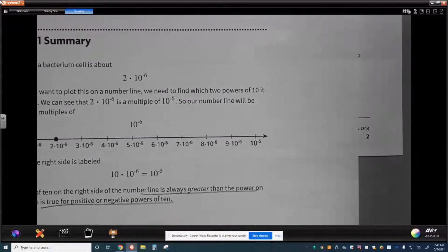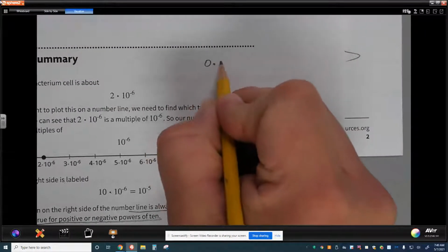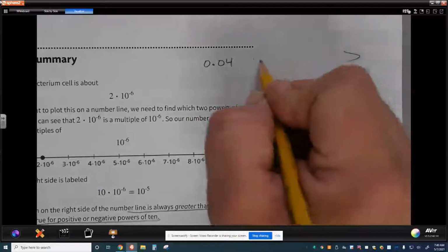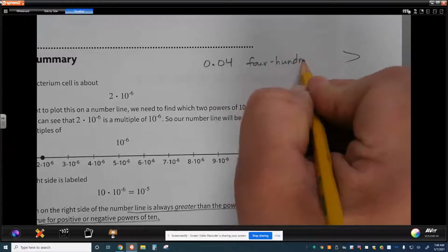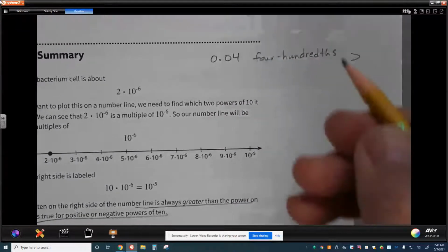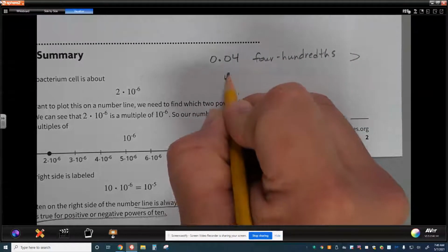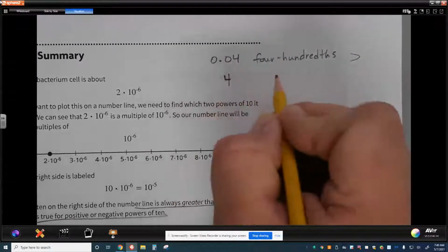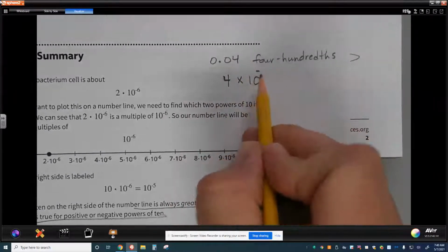With this understanding, I want you to recognize a couple of things. Let's take a couple of examples. This number right here is 4 hundredths. When we write this number in scientific notation, we begin with the leading digit 4, and then we multiply by 10 to a negative power.